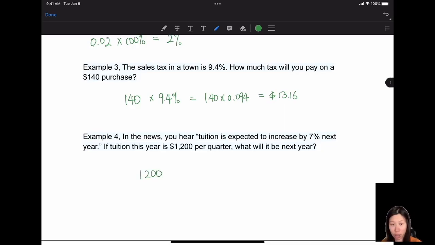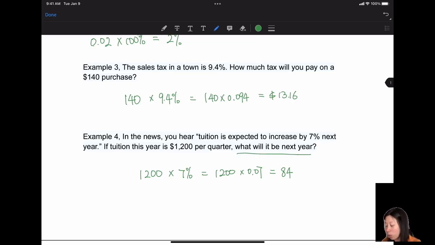Originally it was 1,200, right? You increase by 7%, so you use 1,200 times 7%, which is equivalent to 1,200 times 0.07. This equals 84.